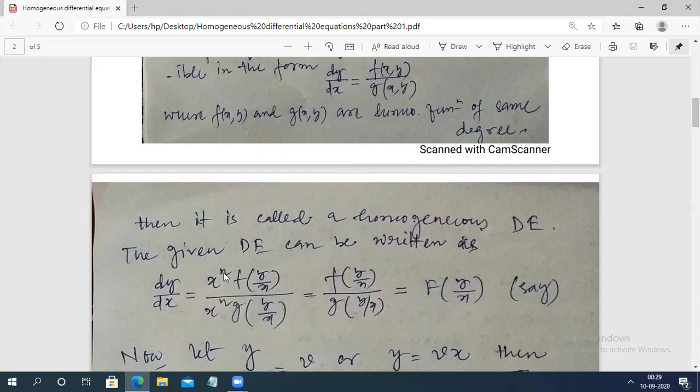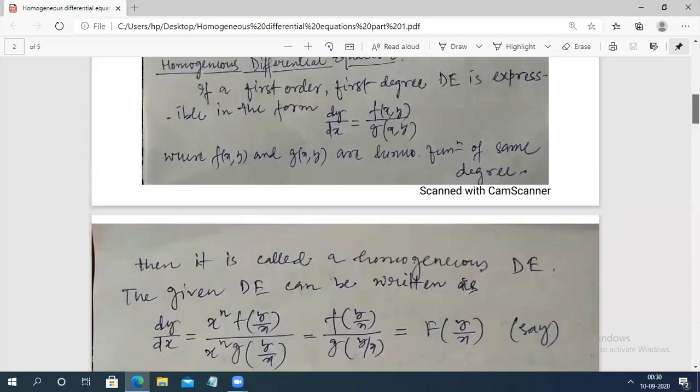So if n is the same, x raised to the power n in the numerator and x raised to the power n in the denominator will get cancelled out, and we will remain with f of y by x and g of y by x, and we can write this as a new function f of y by x, suppose.